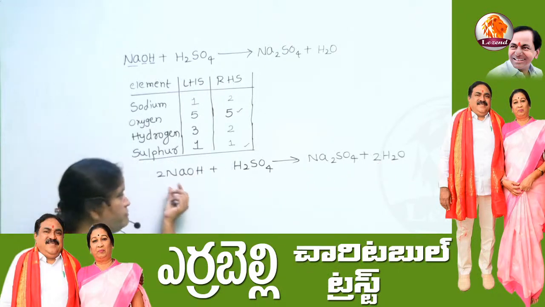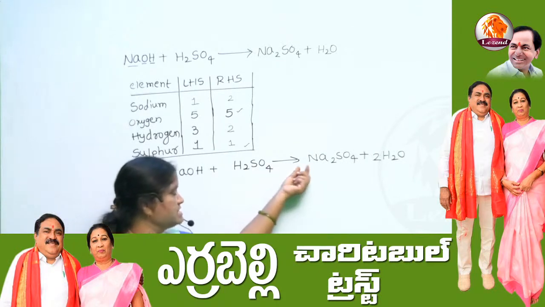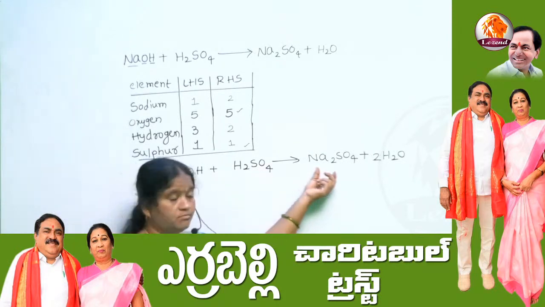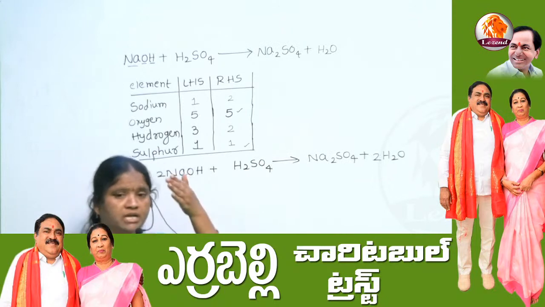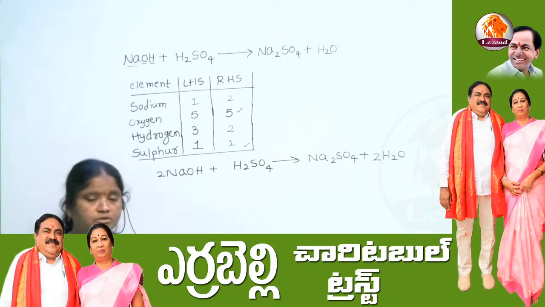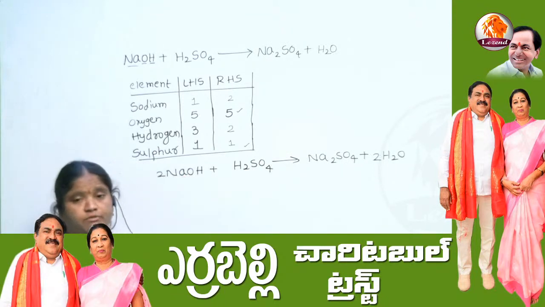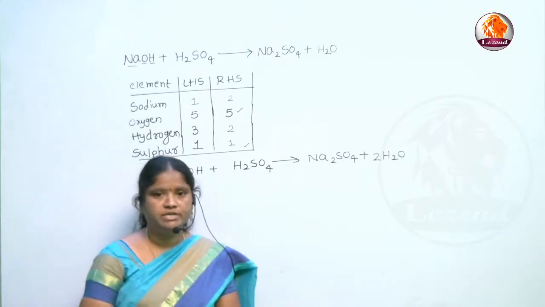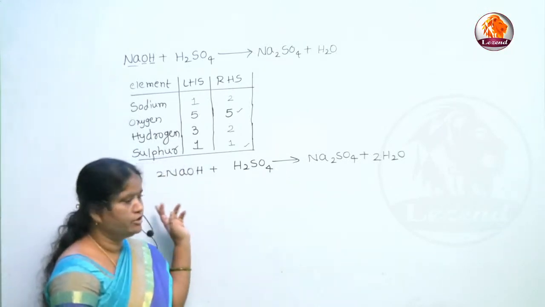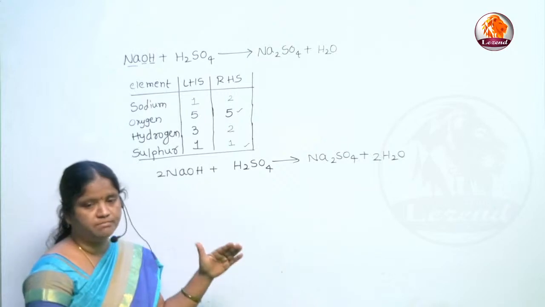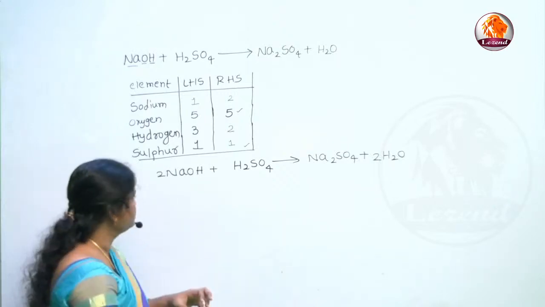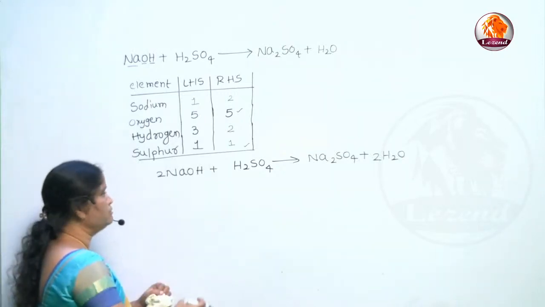If we had 4 or 6 like that before sulfuric acid or sodium sulfate, we could divide with a suitable number to get the given chemical equation in the simplest whole number ratio. Here there is no need of division of coefficients. So because of that, in step 3 we need not follow this.